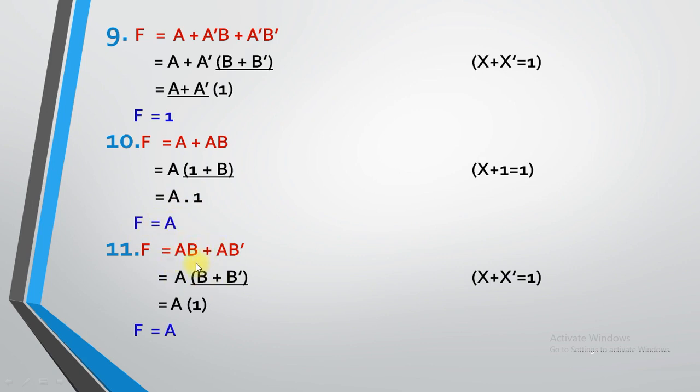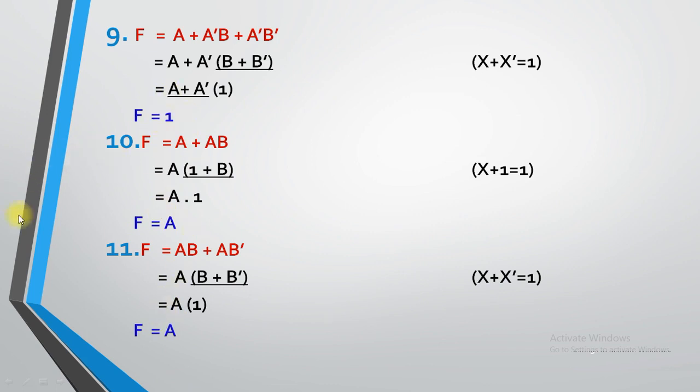In the given term, A can be a common factor, B plus B dash can be replaced by 1, so A would be the answer, right? So there is no requirement to draw a circuit for a single variable. For this you do not require to draw a circuit because it contains only a single value.